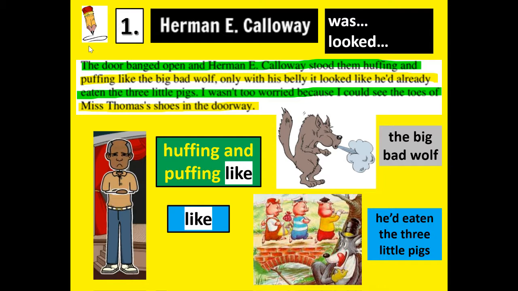So Herman E. Calloway was huffing and puffing like the big bad wolf, and Herman E. Calloway looked like he'd eaten the three little pigs. And those are both similes because they have the word like. They are comparing Herman E. Calloway to the big bad wolf, and they're using the word like. And they're comparing Herman E. Calloway to having a belly that looked like he'd eaten three little pigs.